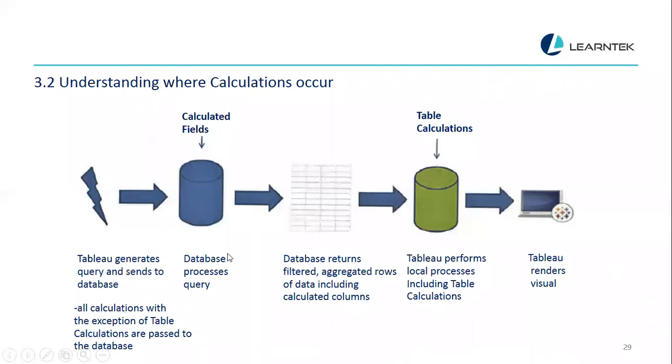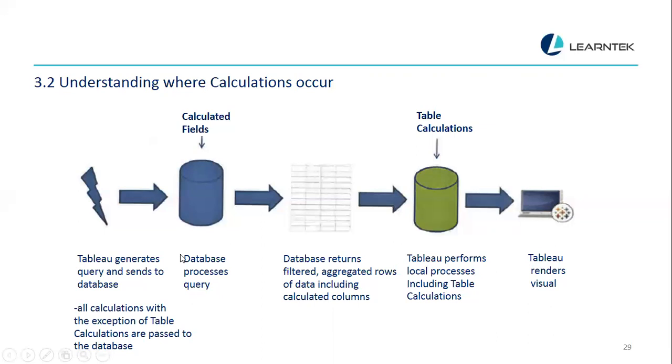Then the database processes the query. After getting the query from Tableau, the database processes that query, and then returns the filtered, aggregated rows of data, including new calculated columns. So basically, a new column will be created using a calculated field by querying the database.